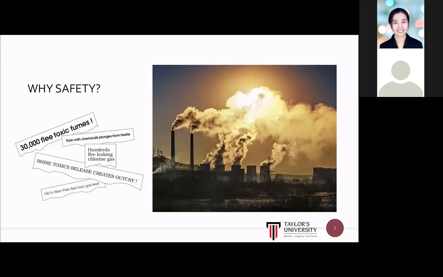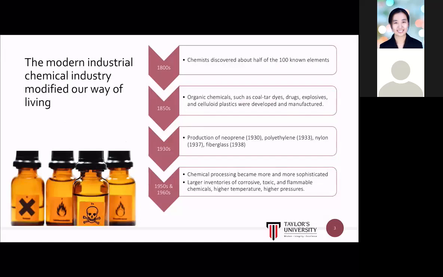So that is why we are here today. It's a core module for all chemical engineering students. It's an elective for mechanical and E&E, and also a core module for civil engineering.